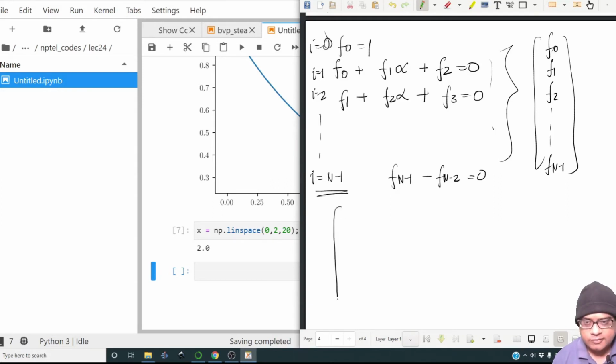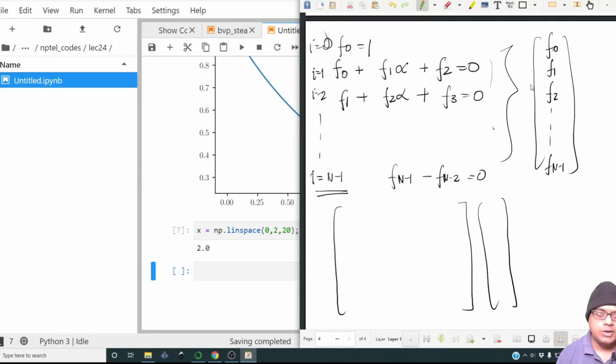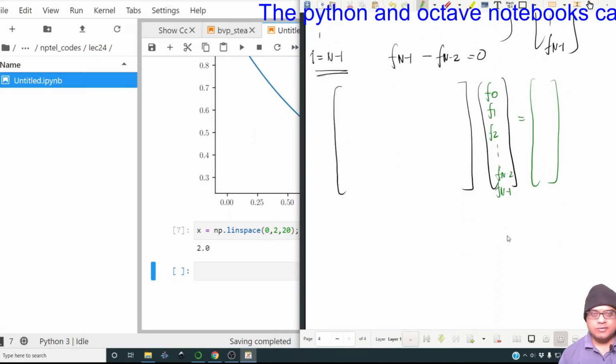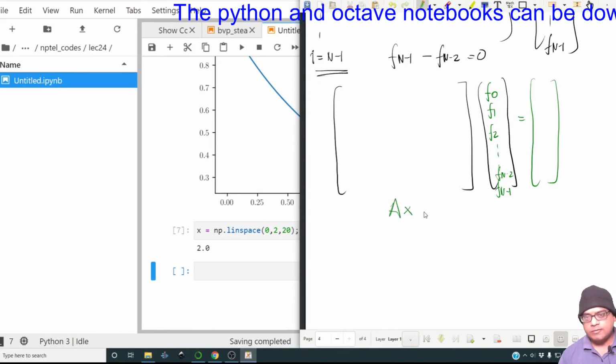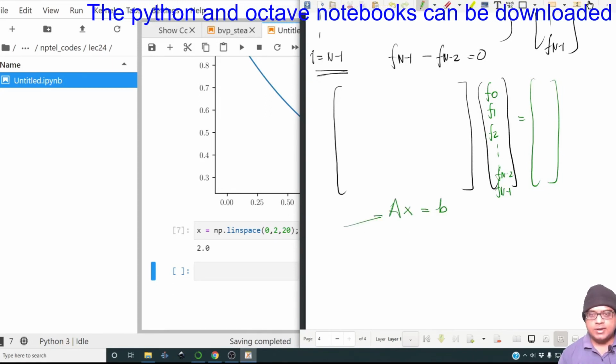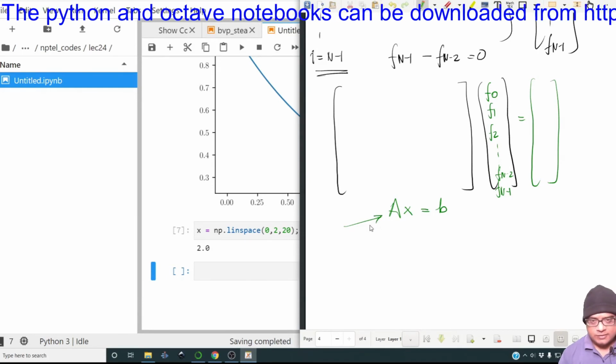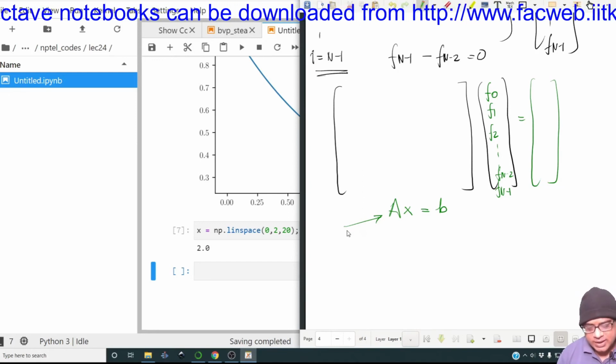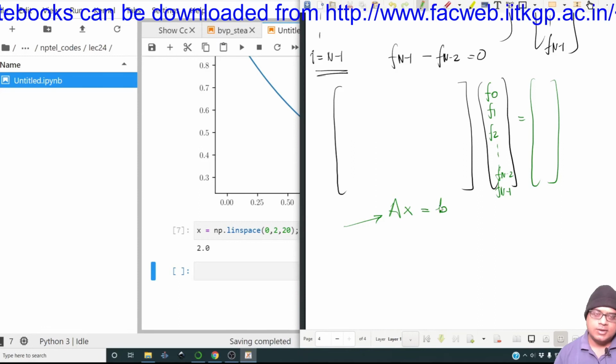Alright. So if I go ahead and write this in matrix form, how will this set of equations look? Over here I have f0, f1, f2 all the way to f(n-1), and this will be equal to something. This kind of equation will always come out in the form Ax equal to b, where A is like the mass matrix, or rather the stiffness matrix, borrowing its nomenclature from solid mechanics or structural mechanics.